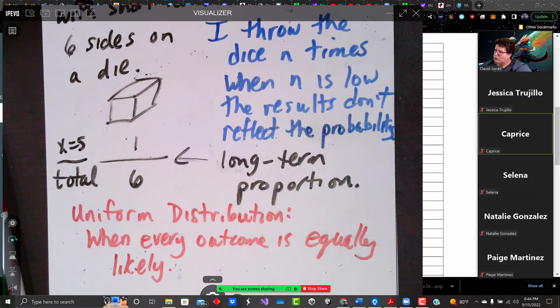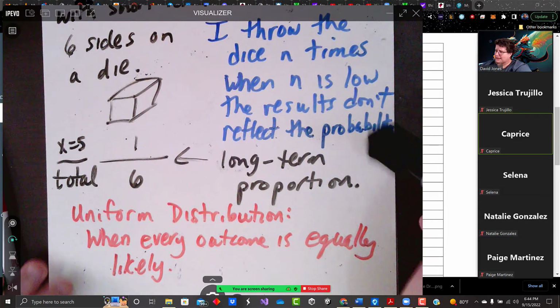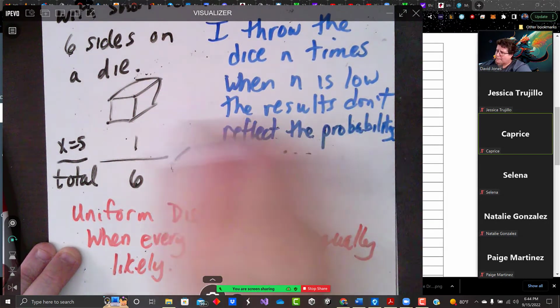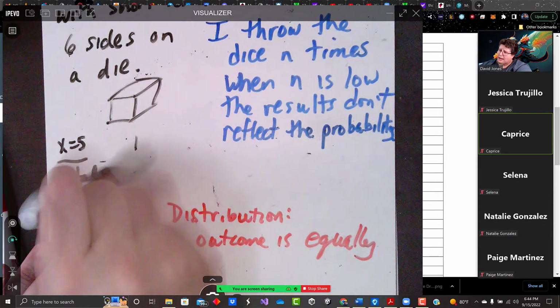So when we have a low number of tosses, we're not really getting a good probability if we look at the results.